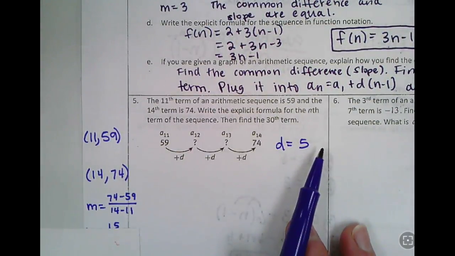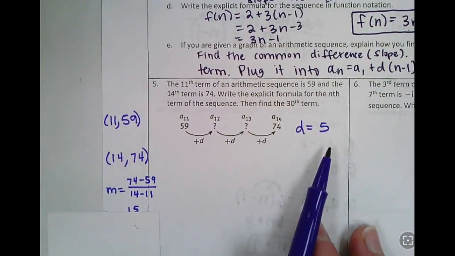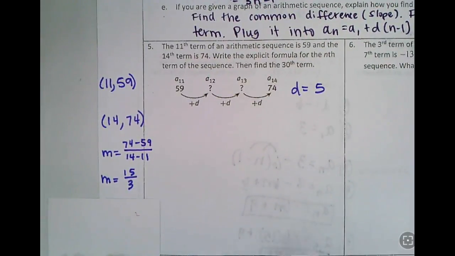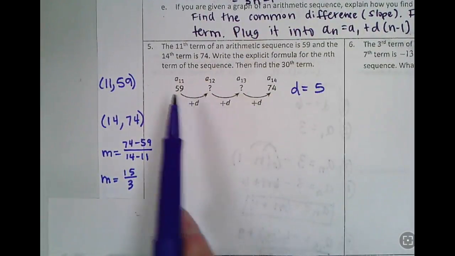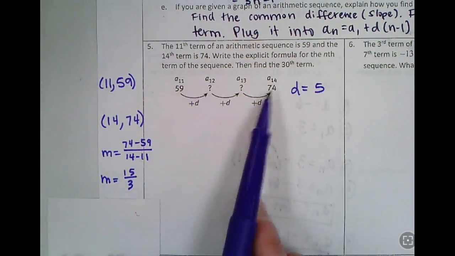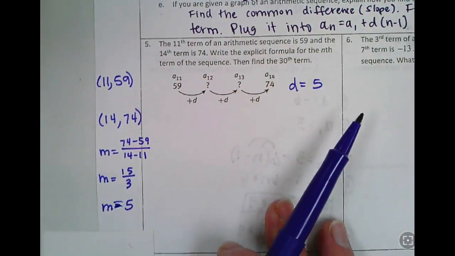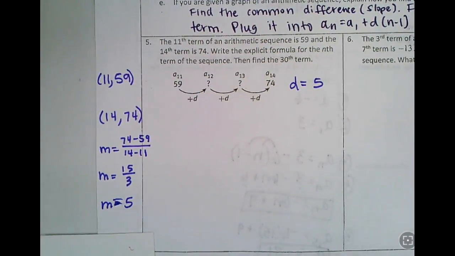And then I calculate slope just like we did in the previous chapters. I found the change in y over change in x, which is actually what we found here, the difference of 15 over the difference of 3, which gave me a slope of 5, which is the common difference of 5. That is the fastest way to find it, especially if you have points really far away from each other. So we're going to use that method.